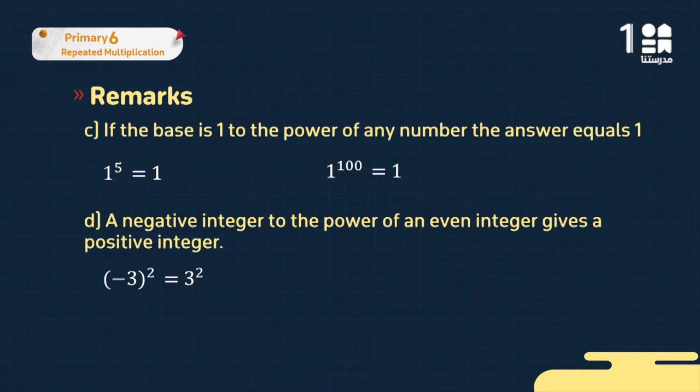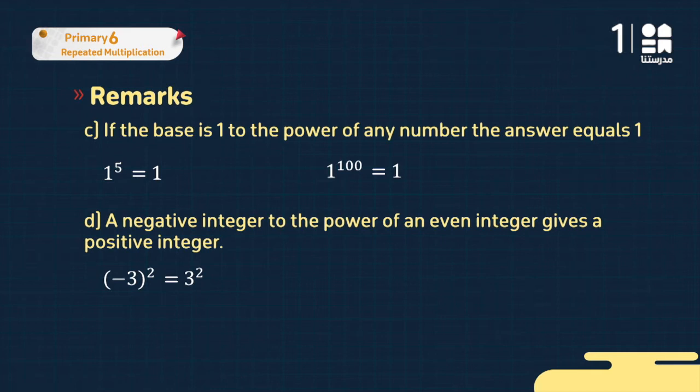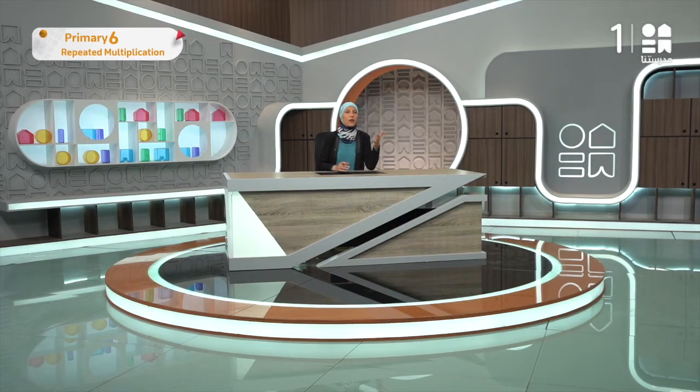Negative times negative gives me positive. So it will be 3 to the power of 2. So if I have an even power, like 2, 4, 6, 8, 10, and so on, the even power changes my negative base to a positive.